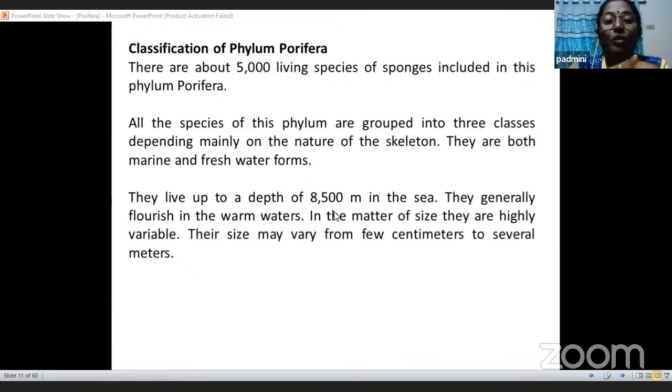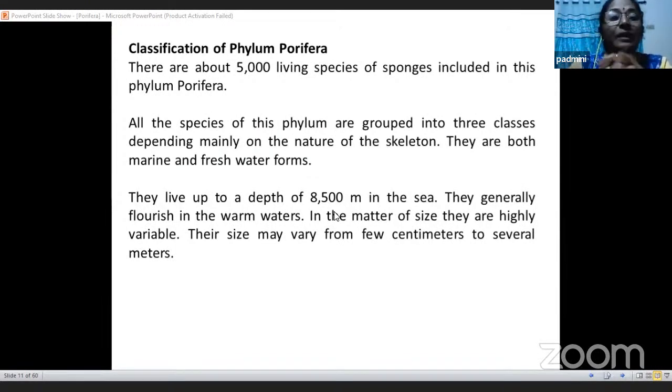Then you're going to talk about the nutrition, the respiration, the excretion. Then the spicules. Then the canal, how the water enters and goes outside. Then the fertilization, asexual or sexual. If you talk about this, then definitely you will get some marks for general characters of poriferans.